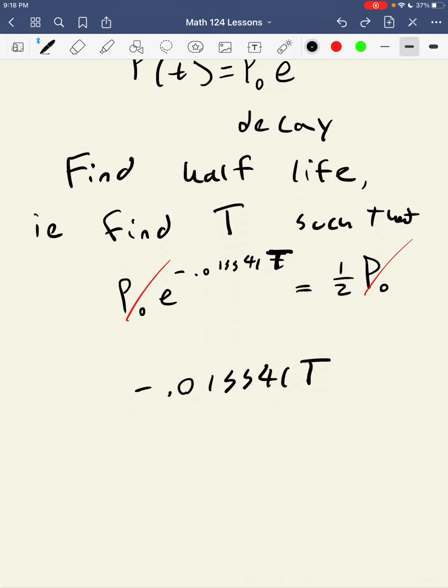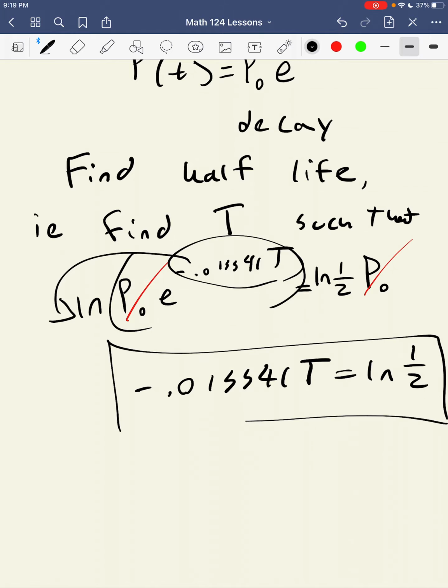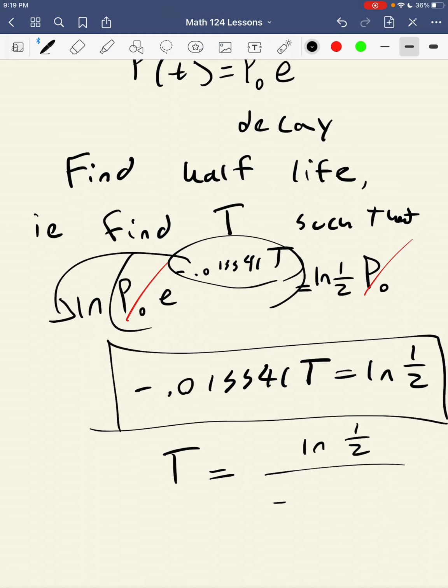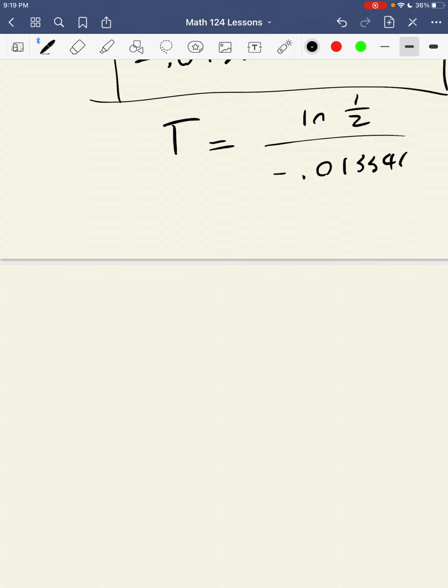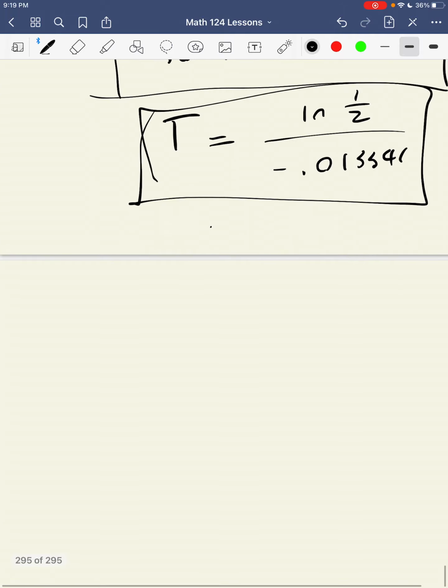So anyways, we take the log of both sides, then we can pull the exponent down and we come up with this equation. So solving for T, you have log of 1/2 divided by the rate. So we come up with this as the answer. You could put that in a calculator at home if you wish. Should be about 44.6 or something.